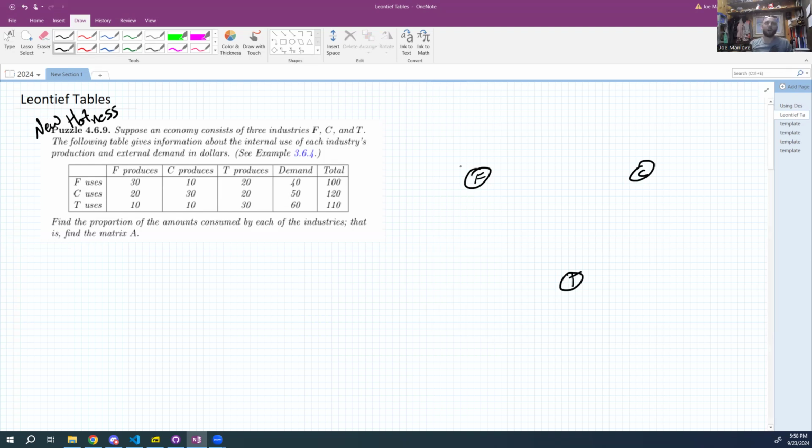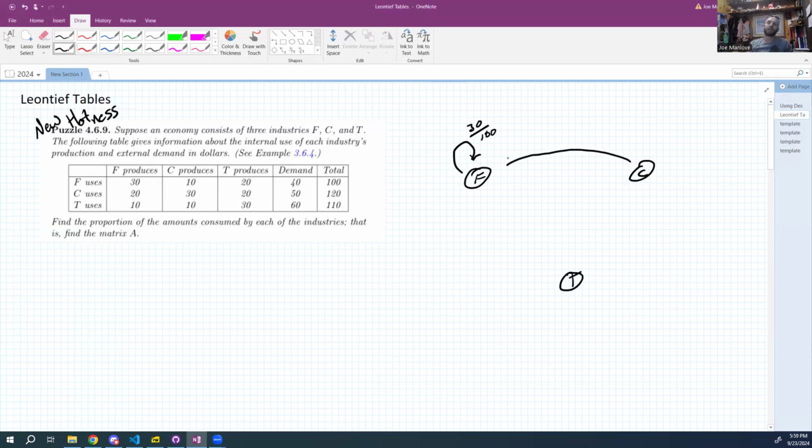So to draw in my arrows, I've got an F to F arrow that has a 30 on top, but this needs to be a proportion. So I have to go find out how much F makes. Luckily, I have this total column. So F makes 100. So that's $30 out of F's 100 goes back into F. Then F uses 10 of the dollars that C produces.